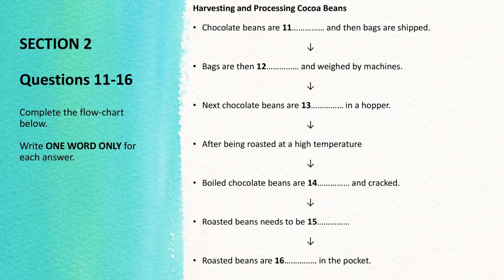Section 2. You'll hear a talk between a host and a professor called Alison Downing about cocoa beans. First, you have some time to look at questions 11 to 16.